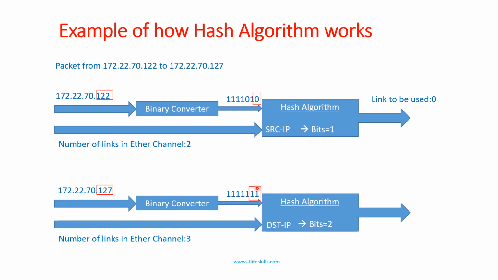So 1 1 means 3. We convert it into link index 3, but in this case we have 3 links in our EtherChannel, indexed from 0 to 2, so it means link number 0 will be used. You can go back to the previous table in the previous slide to compare it.